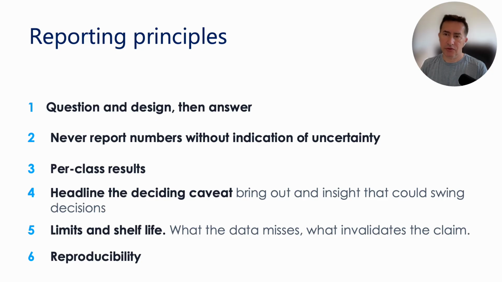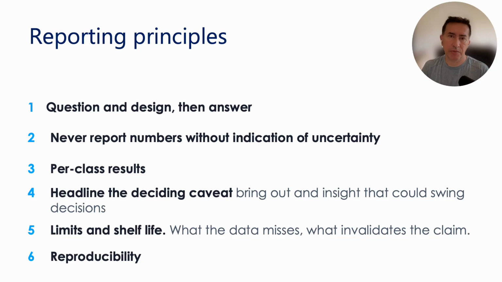Then in terms of the answer, some important principles are: never report a bare number, always report the uncertainty around the number. Remember, if we are reporting something and we don't know what is the uncertainty behind the number we are saying, then that number is completely 100% meaningless.